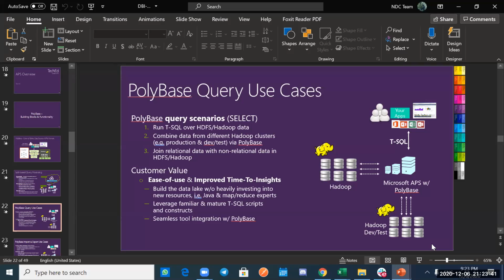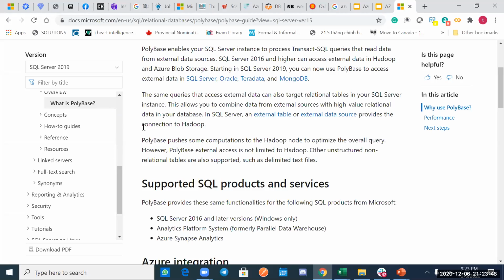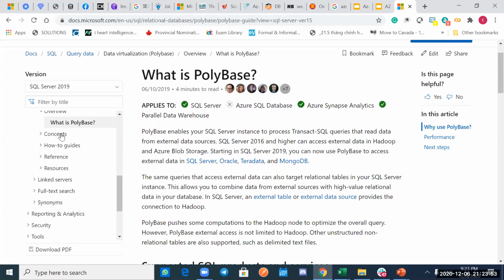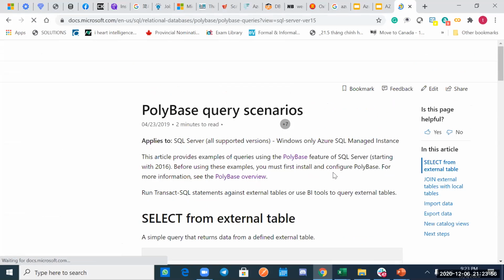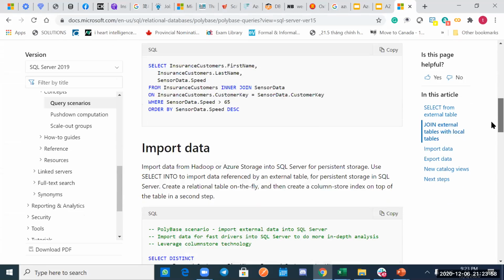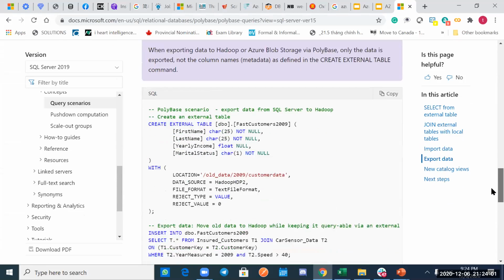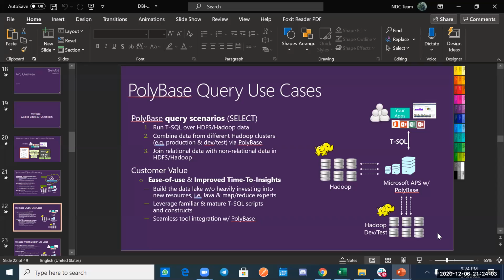You can see this also in the documents on the same page here, because they all get information from the same source. So if you get confused, you can go back to the concept and query scenario, and these are all the things they will talk about. They just put it in this slide basically. For example, you use select to run T-SQL over HDFS. They explain it further and more extensively.